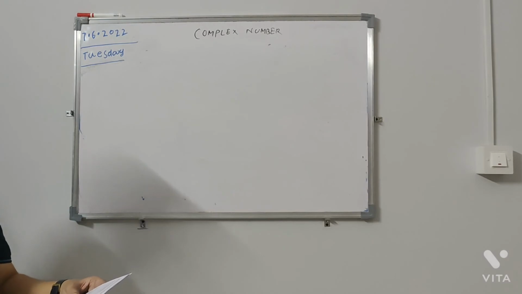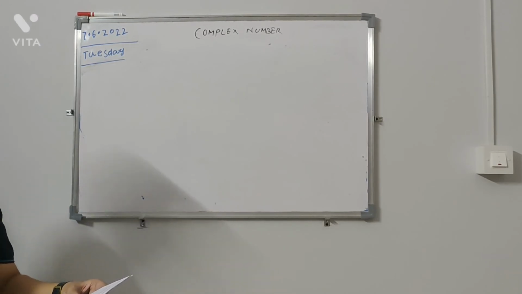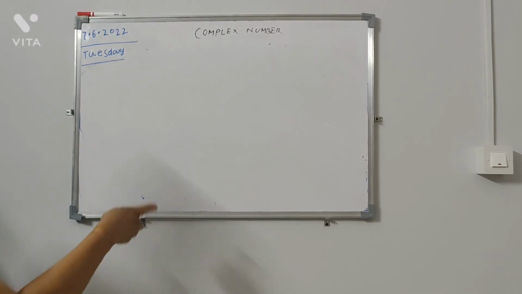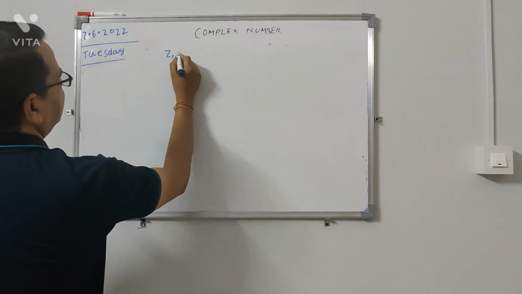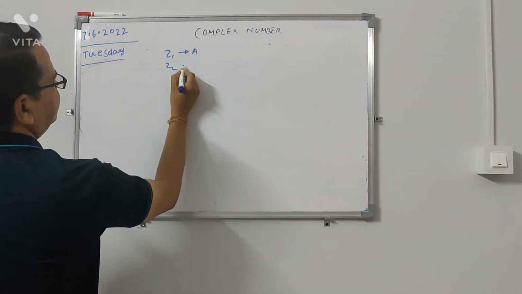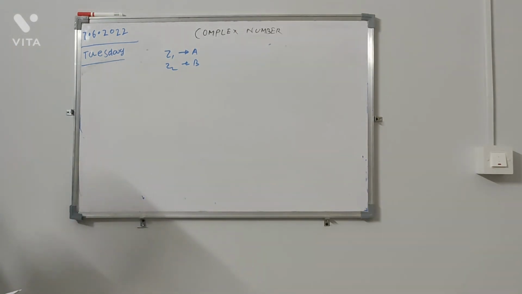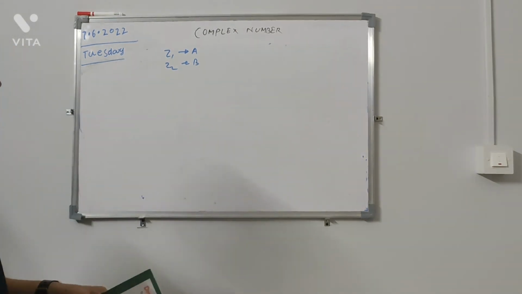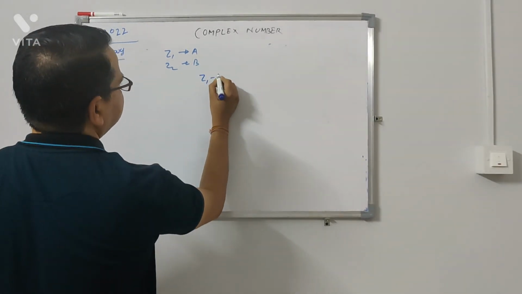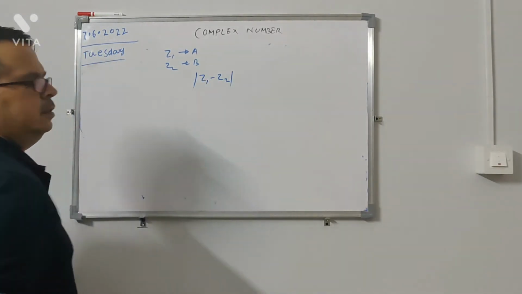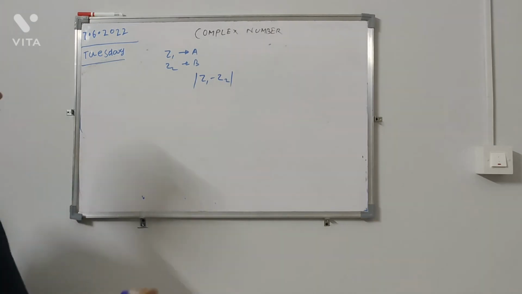If z1 is represented by a point A and z2 is represented by a point B, the distance between A and B is nothing but the modulus of z1 minus z2.